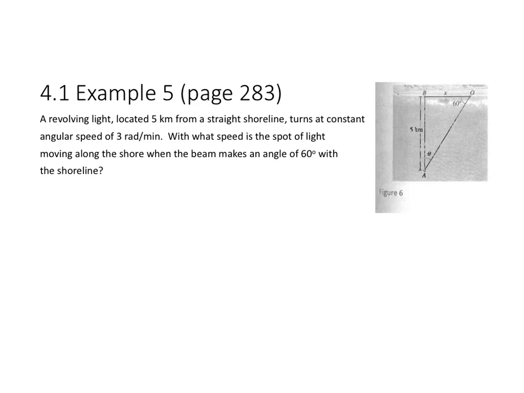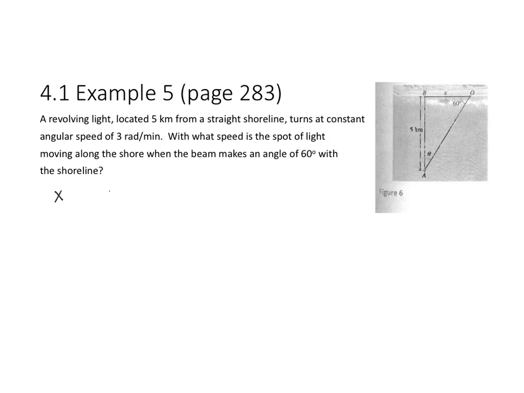So we have our x, the distance along the shore. Point B is 5 kilometers from the shore, from where point A is in the ocean. The beam is going around, and the question is asking us, when this is at 60 degrees, how fast are we moving? Let's define some of our variables.